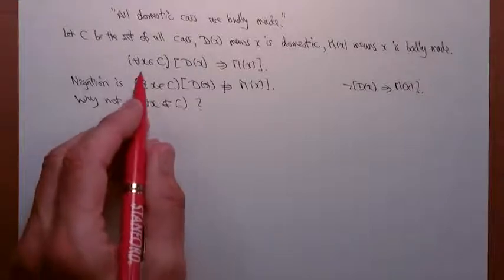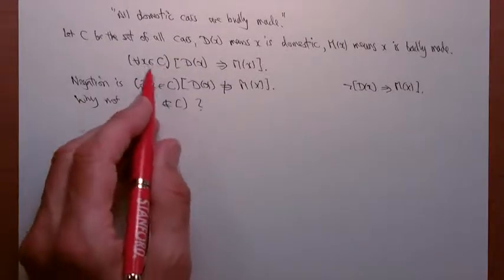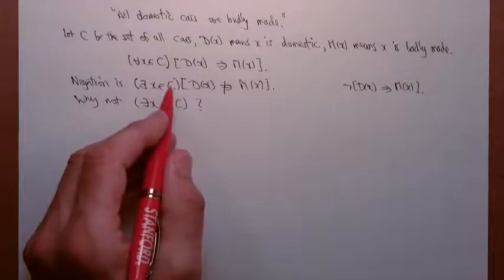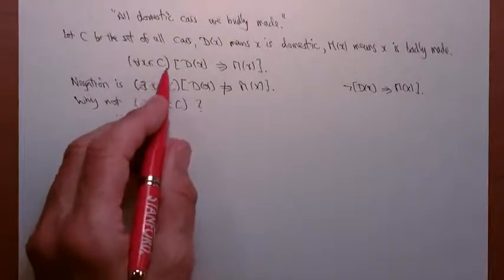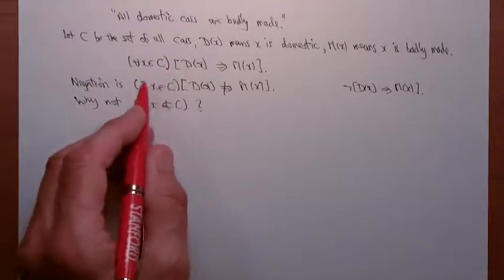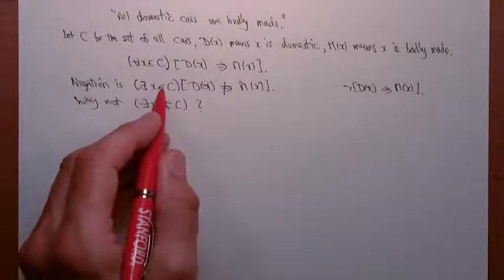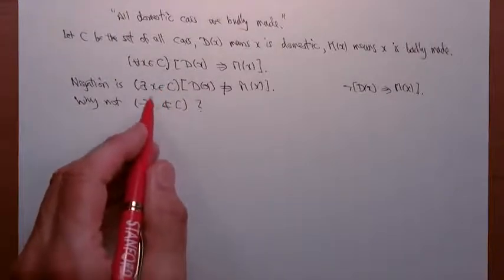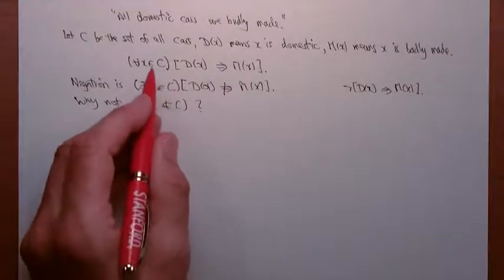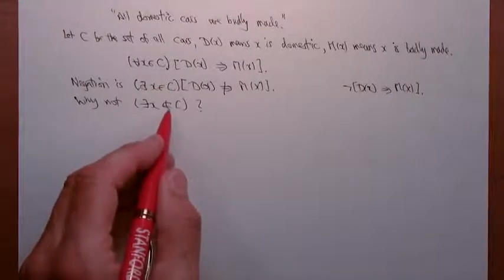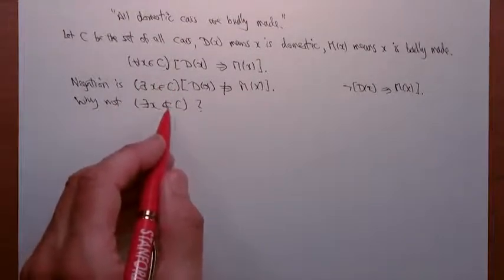In this case, it's talking about x's which are in C. The only x's we're interested in are x's which are in C. In other words, the only objects we're interested in are cars. But if the only objects we're interested in are cars, the negation will only be talking about cars. So the in C part simply tells us which kinds of objects we're dealing with, and we don't negate that.